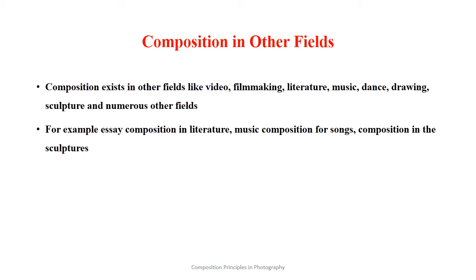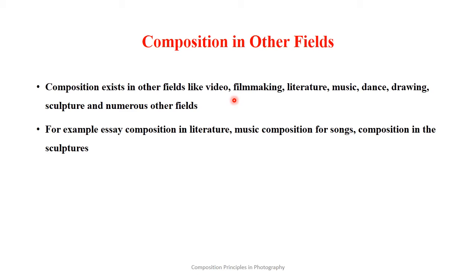Then we also have composition in other fields as well, like videography, like filmmaking, like literature, music, dance, drawing, sculpture making, and numerous other fields. Well, what does it mean? It means that composition is a very broad term, and it is not only limited to the field of photography. It is used in several other fields: filmmaking, literature, music, dance.